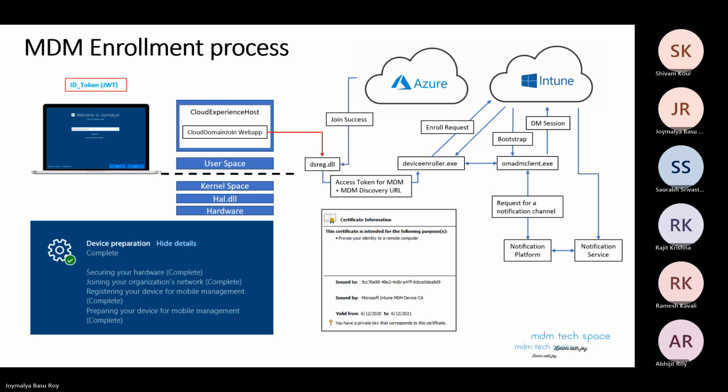Enrollment and registration is complete, and it goes into the device setup and account setup phases, where it continues implementing the policies that are applied to the device group or the user group, and we come to the desktop. So that's the whole Azure AD join DRS process and the MDM enrollment process for Intune. Clear?